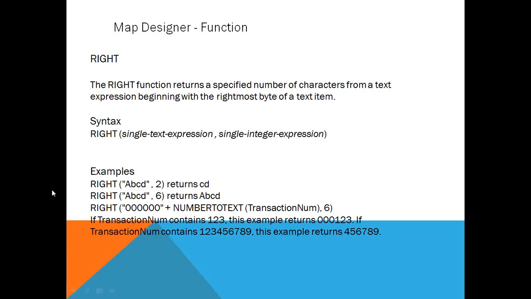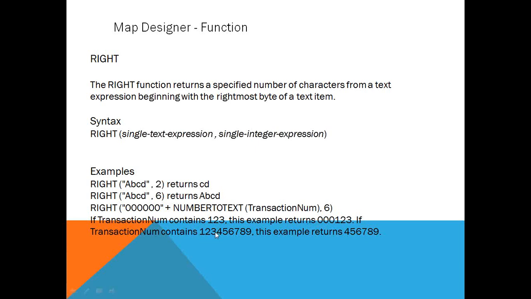And here, right of 000 plus number to text, because the first argument of the right function should be a text expression. That's why there is number to text of the expression, and 6. Suppose the transaction number contains 1 2 3, this example will return 000123, because from the right side it will give 6 bytes.